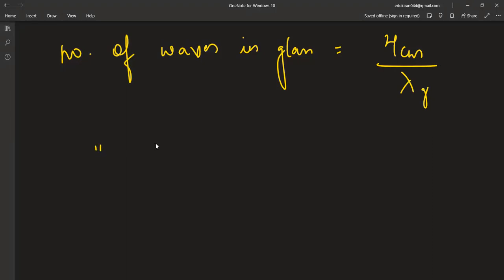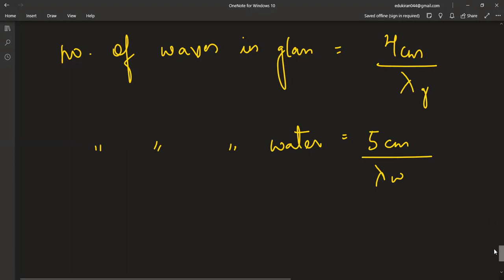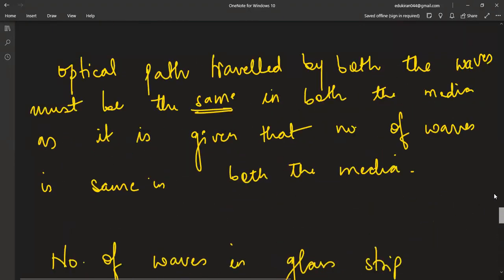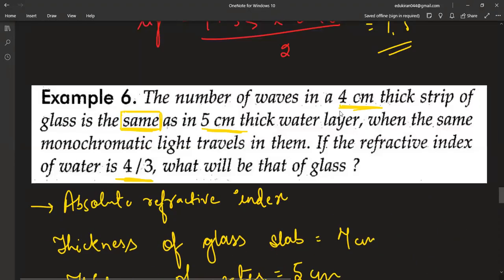Similarly, number of waves in water is equal to 5 centimeter divided by the wavelength in water. Correct? Now, number of waves in glass is equal to number of waves in water. The same number of waves in this thickness of glass is the same in this thickness of water.